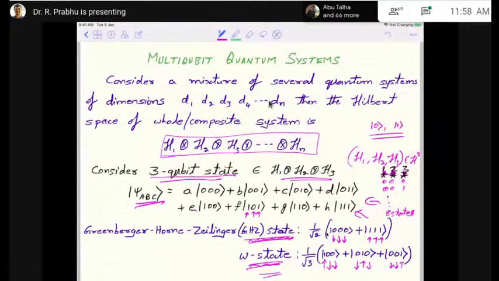These are the two very standard examples of 3-qubit states, and you can write the GHZ state for 4 qubits as well, and the W state can also be written for 4 qubits or any n-qubit. N-qubit GHZ and n-qubit W states are possible.